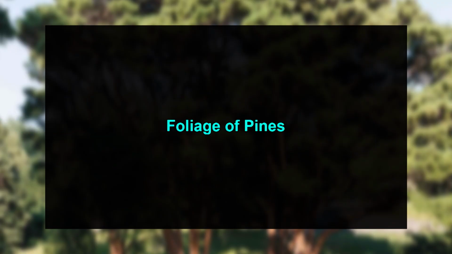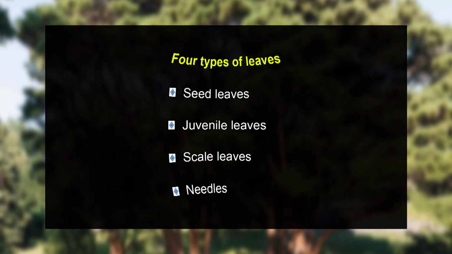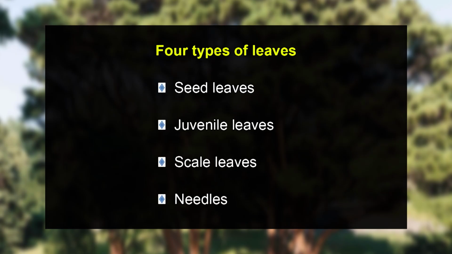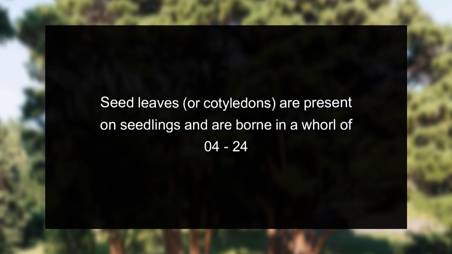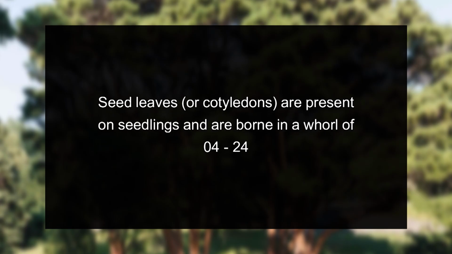Let's now know about the foliage of pines in detail. Pines have 4 types of leaves named as seed leaves, juvenile leaves, scale leaves and needles. Seed leaves, or cotyledons, are present on seedlings and are borne in a whorl of 4 to 24.